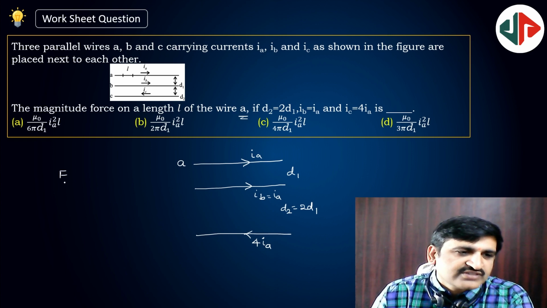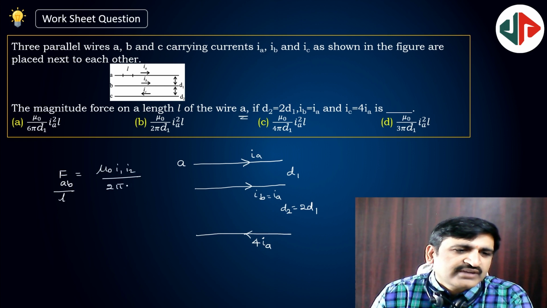First of all, force on A because of B, for the given length, is equal to mu naught I1 I2 by 2 pi d. So this is mu naught IA into IA by 2 pi d1.